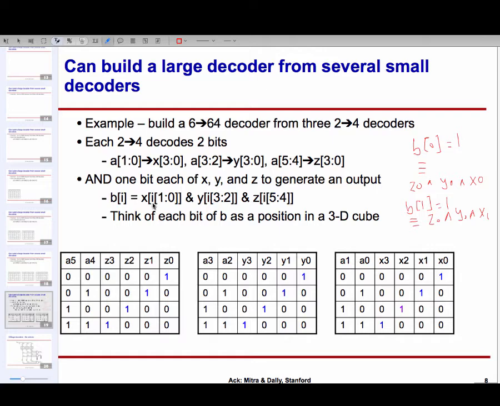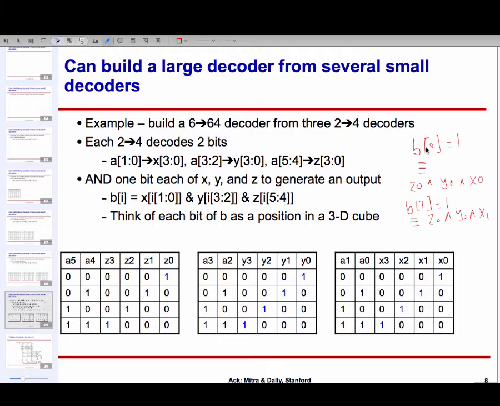I take the number i in binary notation. I look at the lower 2 bits of i, whatever number they form, a 2-bit number, so it will go from 0 to 3. I take that particular X, and likewise I look at bits 2 and 3 of i, and I pick that particular Y, and likewise for Z.